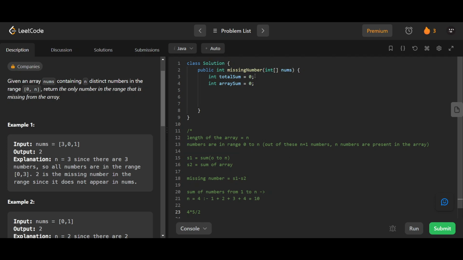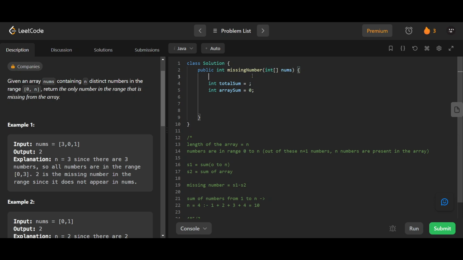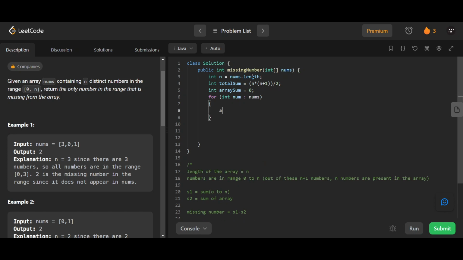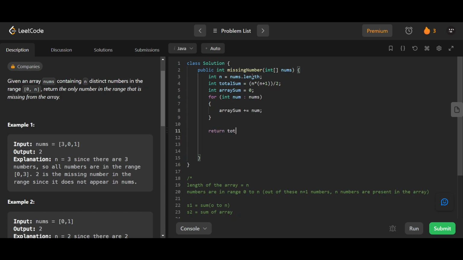So for total sum, you could directly do n times n plus 1 by 2, and for array sum you can do for each int num in nums, array sum plus equals num, then you return total sum minus array sum.